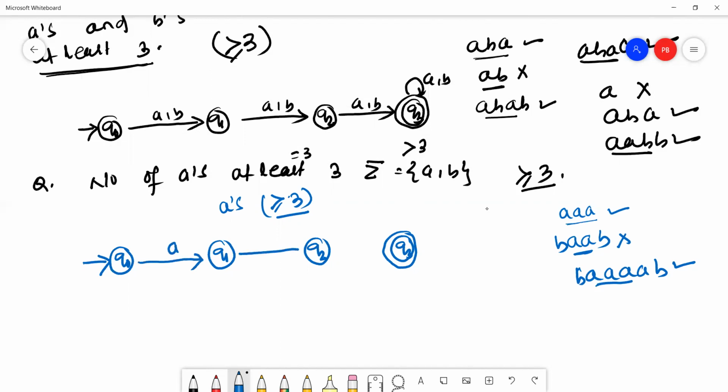Here A, here A, here A. This is for equal 3. Then we'll construct greater than 3, which means this one. But we can take any number of B's, so B is a self loop on all states.